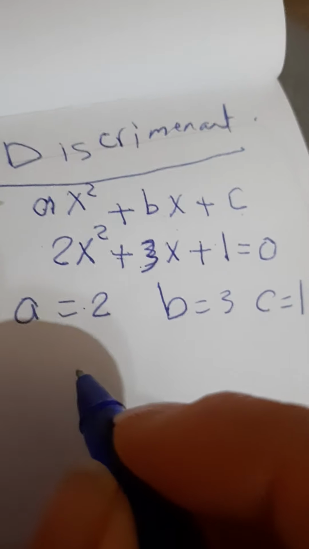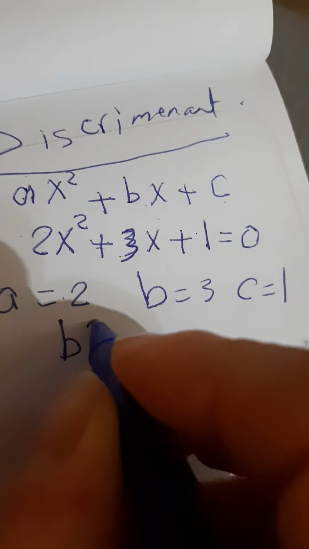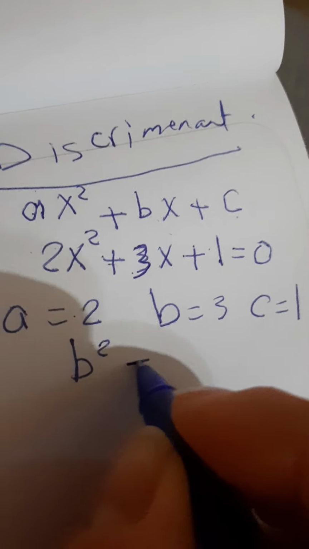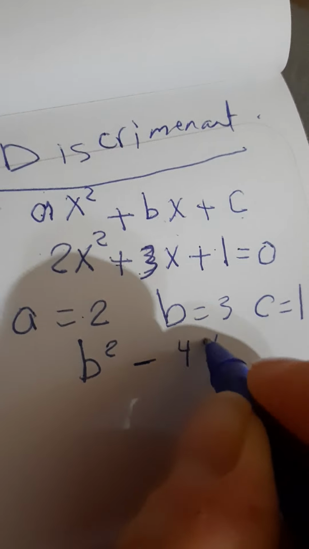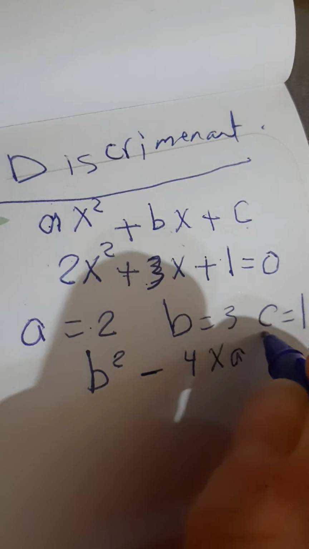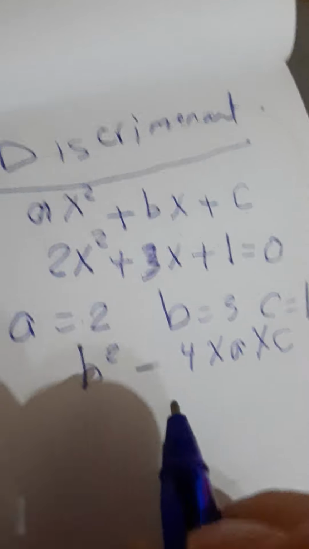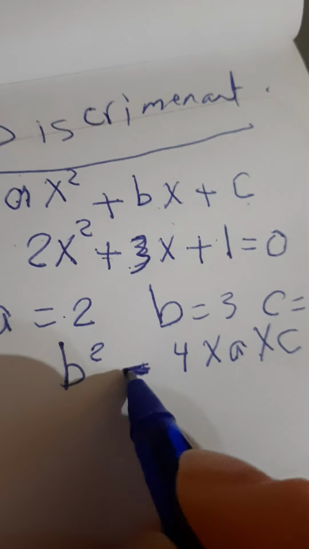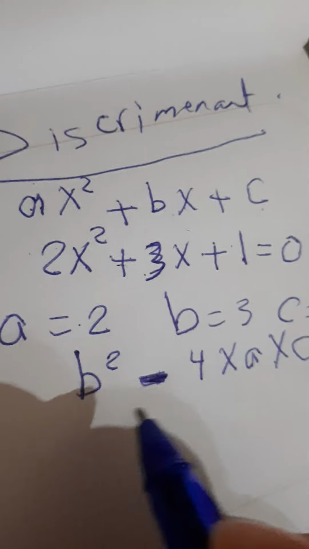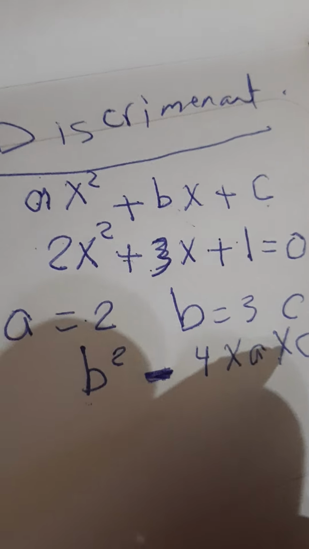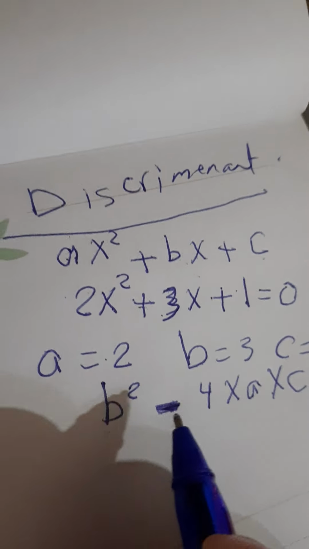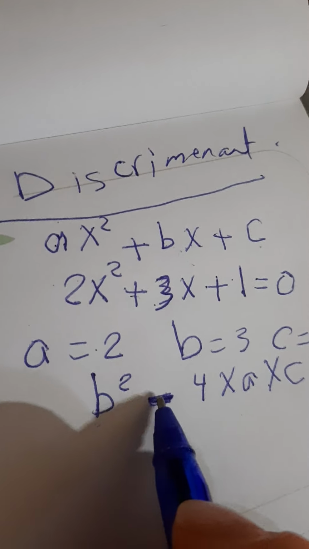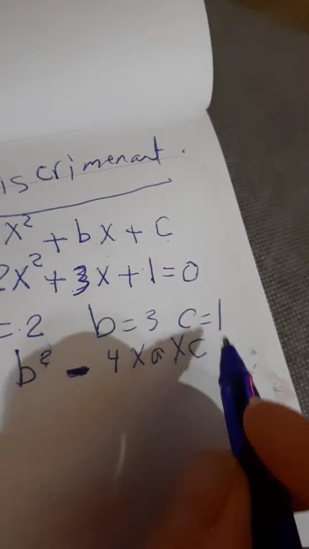The formula is b squared minus 4 times a times c. Another thing, this minus must be in the formula of the discriminant. That's the discriminant rule: b squared minus 4ac. This minus must be used at the end, after finishing the square and the multiplication.